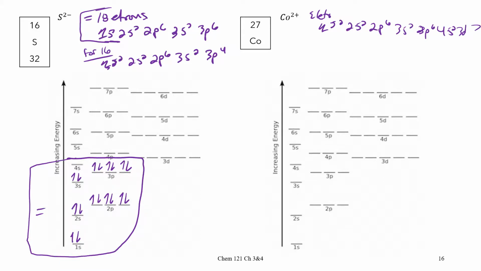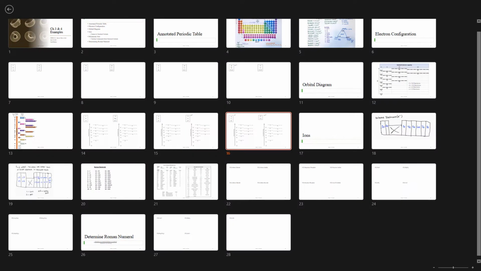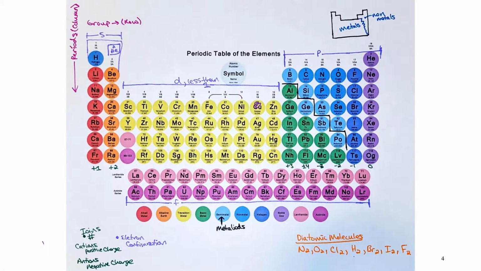And if we look at our periodic table and start at the noble gas above the row that it is in, we're looking at 27. So if we look at argon and start from argon, it would be 4s2, 3d7.